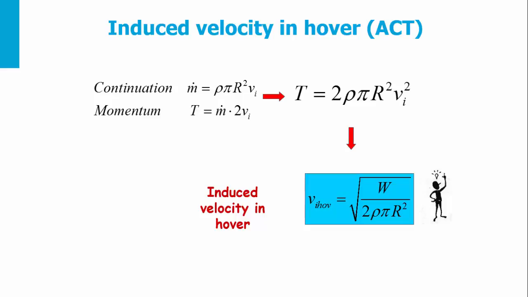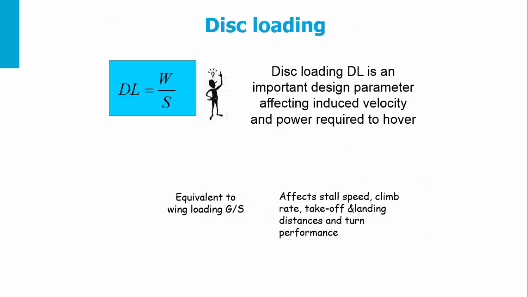There are some important design parameters associated with this formula. The first one is the disk loading. Disk loading is defined as the ratio of the weight by the area of the rotor, pi R squared.